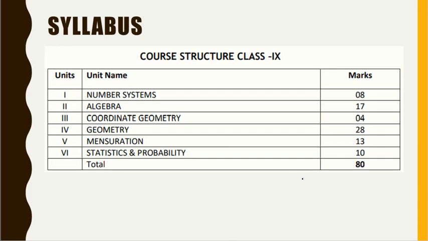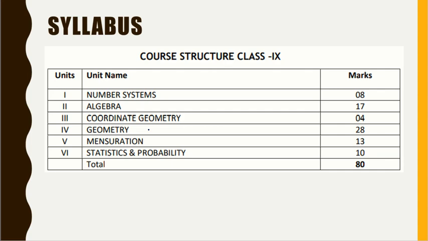6 units, where unit number 1 number system carries 8 marks, unit 2 algebra is for 17 marks, unit number 3 coordinate geometry will carry 4 marks, and in class 9 standard a very important unit is geometry.